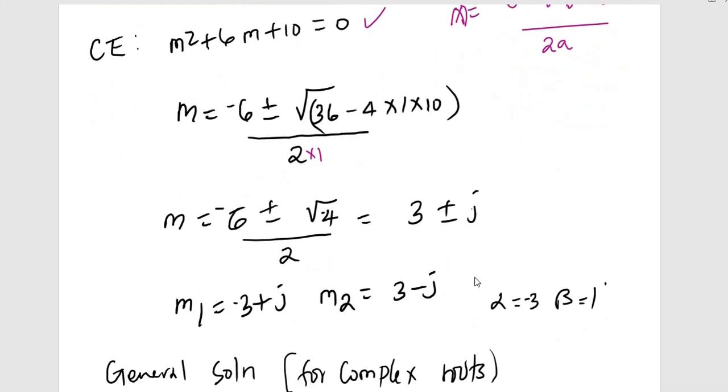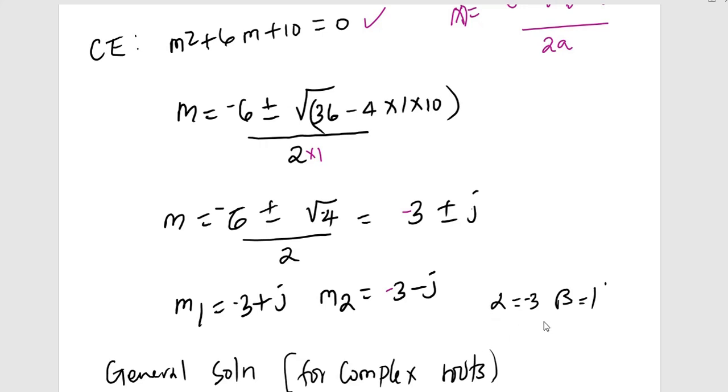Now when we simplify, we realize m is equal to minus 3 plus or minus j. So that means m1 is equal to minus 3 plus j, and m2 is equal to minus 3 minus j.